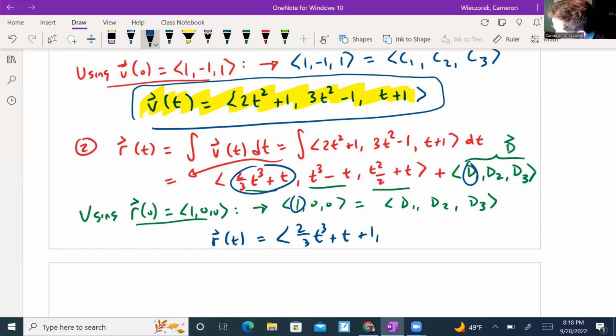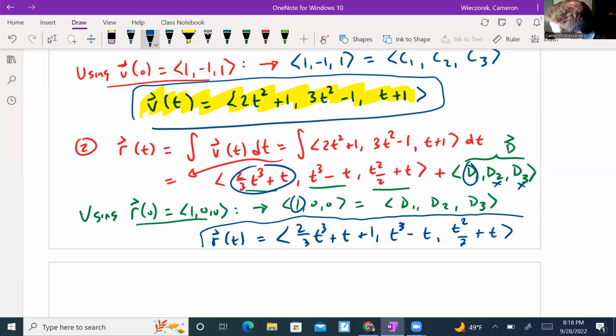The other ones are 0, so these two don't really matter. So I'm just going to get t cubed minus t for my y component, and I'm going to get t squared over 2 plus t for my z component. And that would be my position function. I could now use it to evaluate the position at any time that I want, if they asked. And I think on WebAssign you might have something like that. Okay.